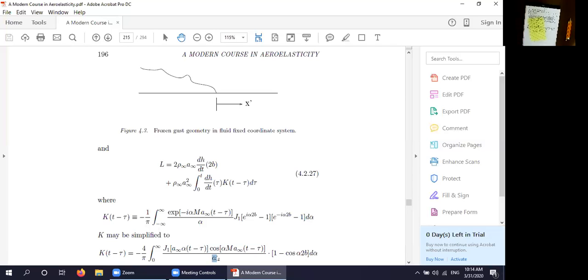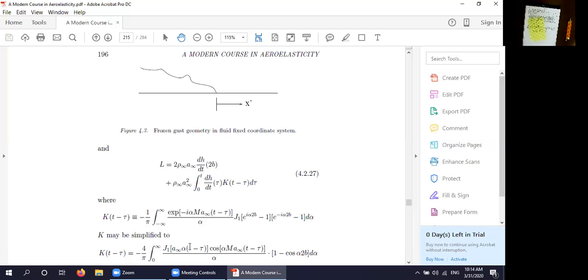And note that if I multiply this alpha by 2b, and then the d alpha by 2b, that's fair enough, right? I've multiplied and divided by the same thing, so I haven't changed the value of the formula. In this cosine factor, automatically you have this combination of alpha times 2b.